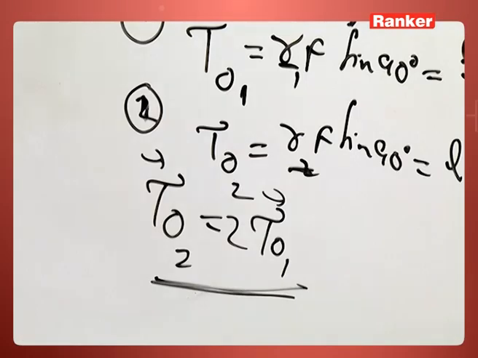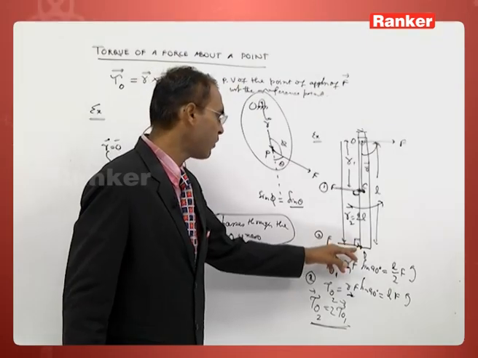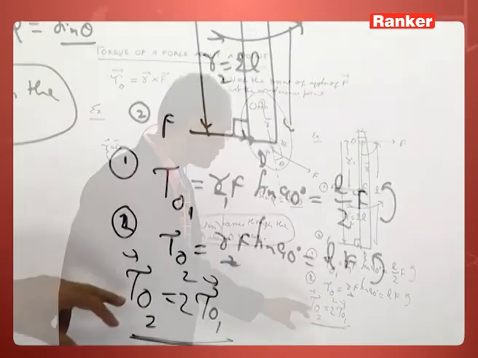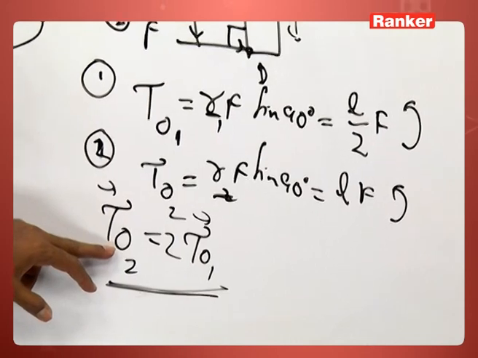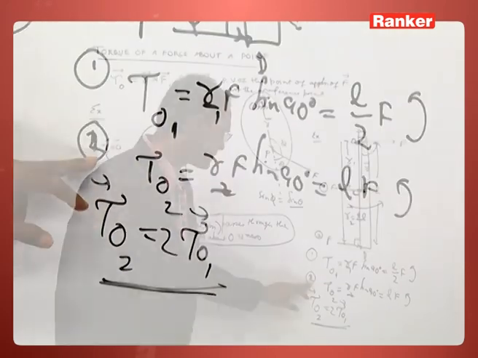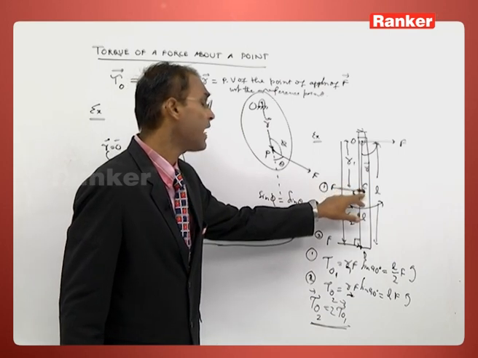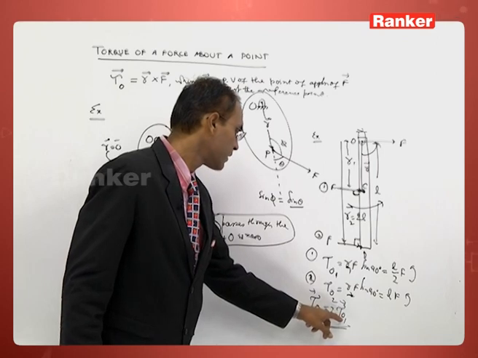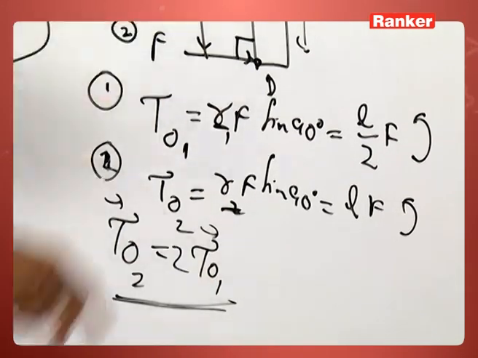Double the turning effect at this point. The turning effect of this force when I apply the force here is tau at O in the second case. The turning effect of the force applied here with respect to this point is tau about the point O in the first case.